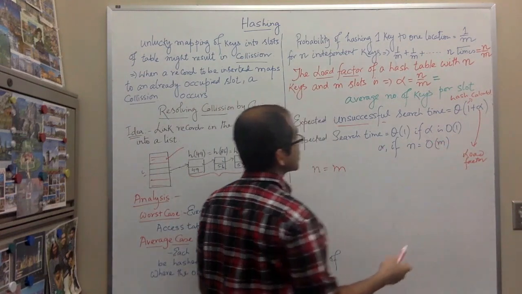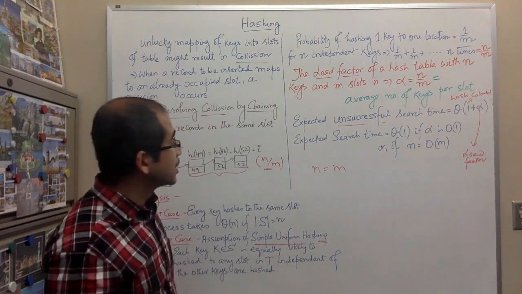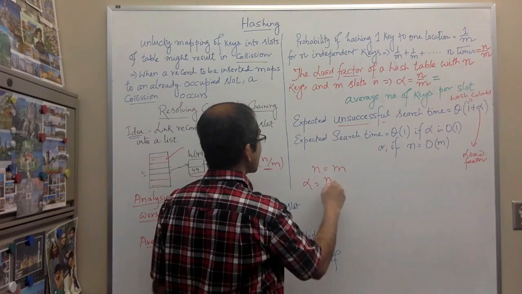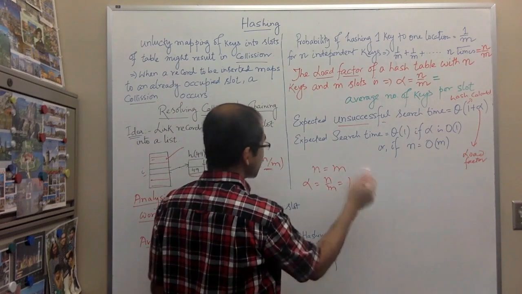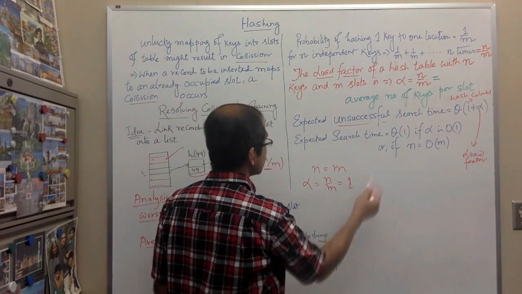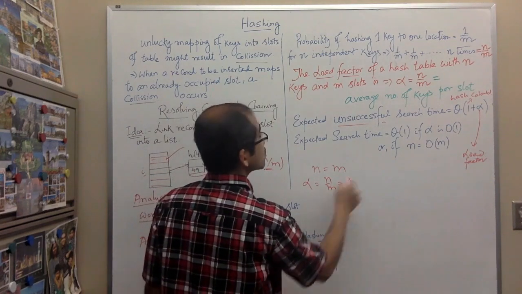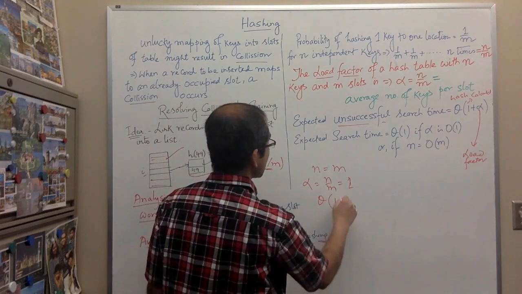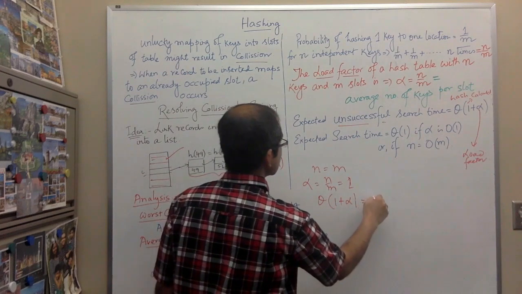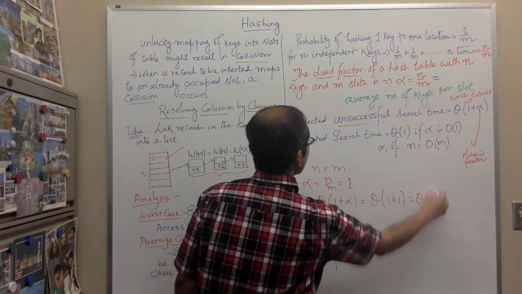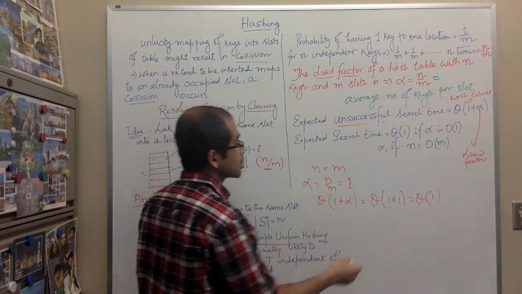If n equals m, then alpha, the list size, will be n by m equal to 1. If it's not exactly 1 but comparable, close to 1, that's also fine. So theta of 1 plus alpha will be theta of 1 plus 1, which is also theta of 1. This means constant time.